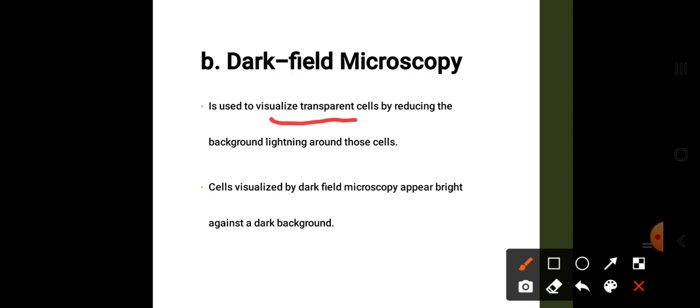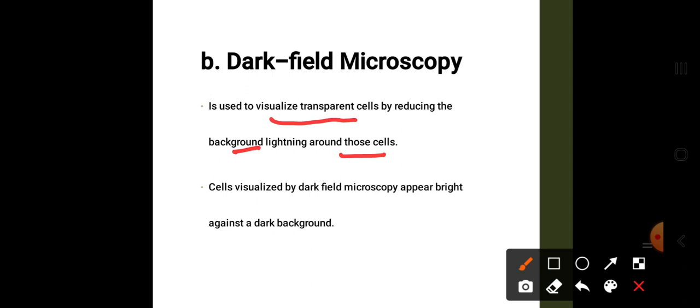It is similar to negative staining, in which the background will be dark and the cells will be transparent. It is used to visualize transparent cells by reducing the lighting on the background and around those cells.